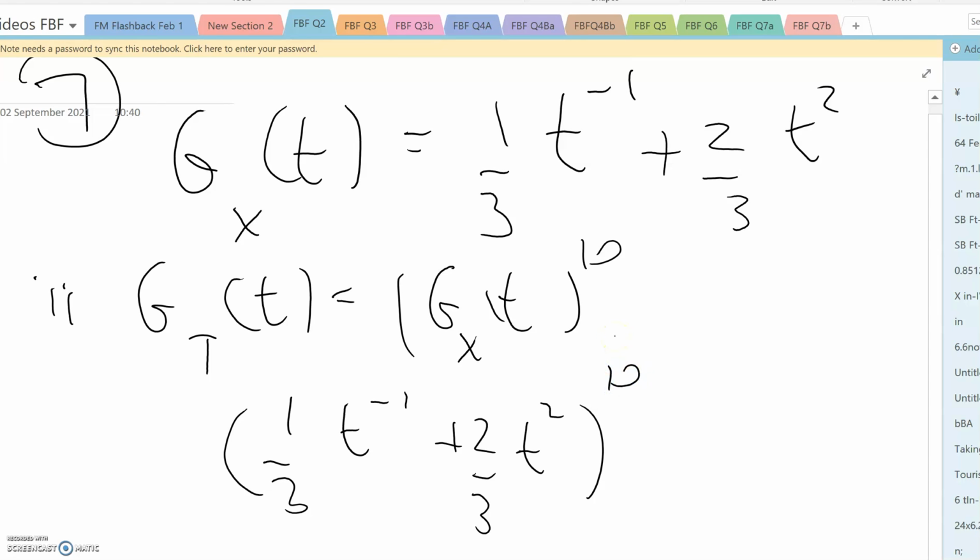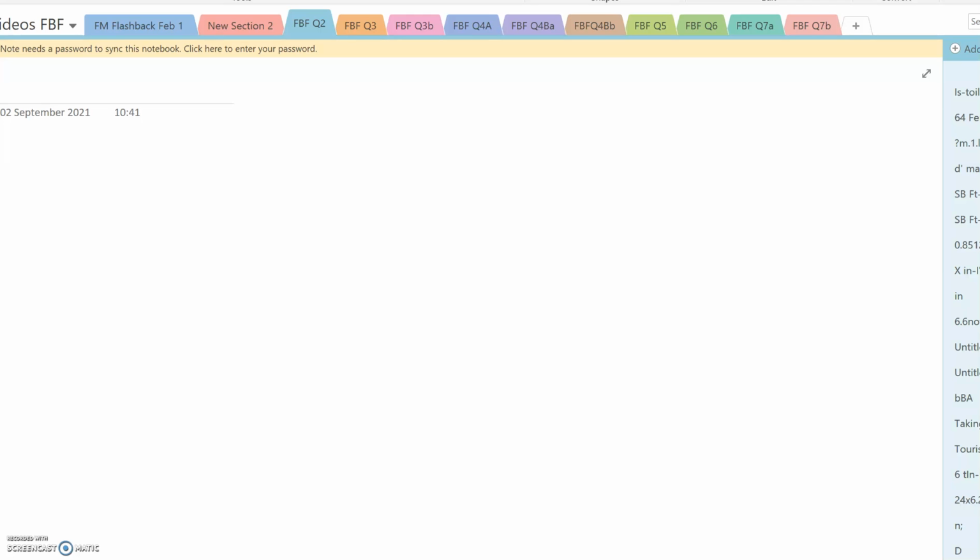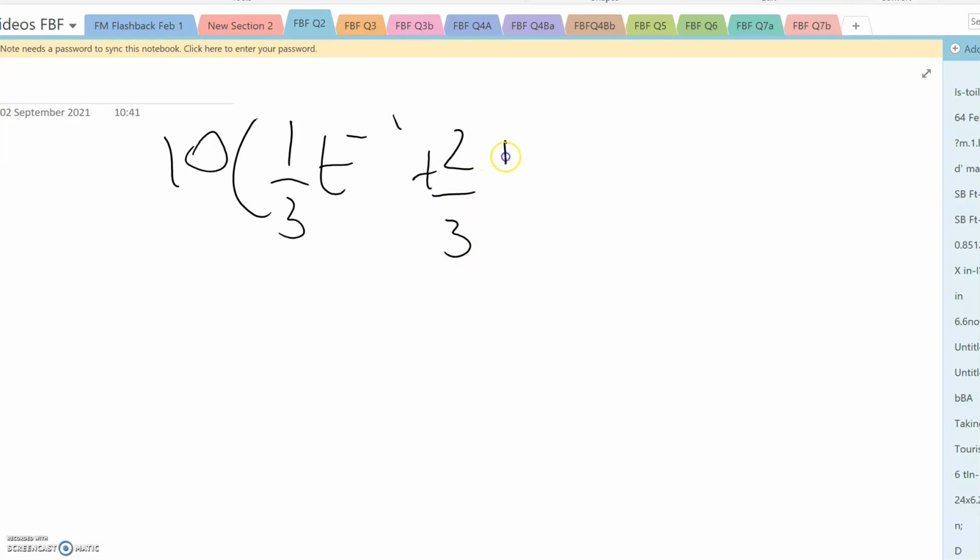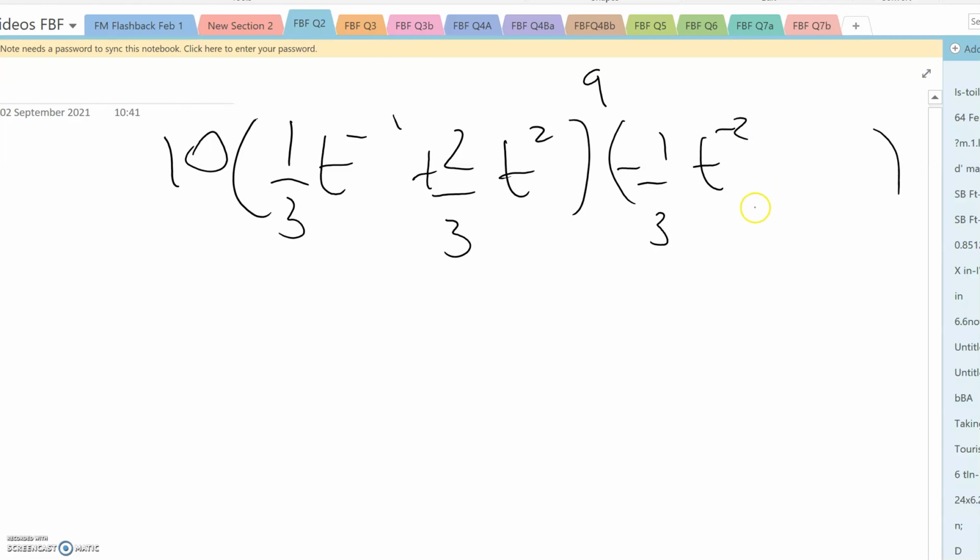To find the mean, we would need to differentiate it and sub in 1. So 10 times (1/3 t to the -1 plus 2/3 t squared) all to the power of 9. And then using the chain rule, we need to differentiate the bracket, and we get -1/3 t to the -2 plus 4/3 t.